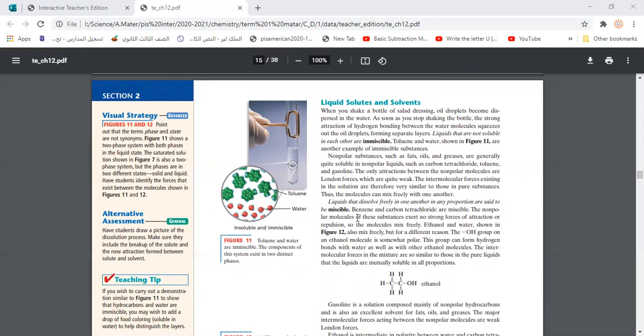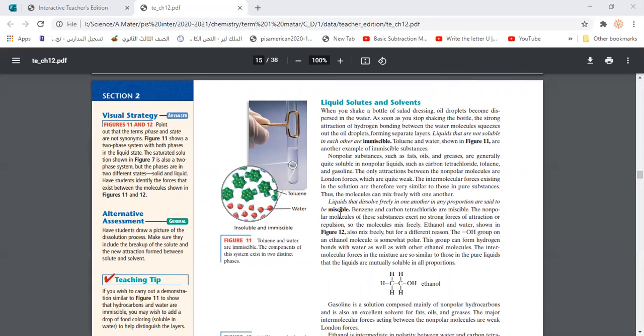For example, when we add oil to water, that is immiscible. Why? Because the attraction force between the oil particles is stronger than the attraction force between water and the oil.